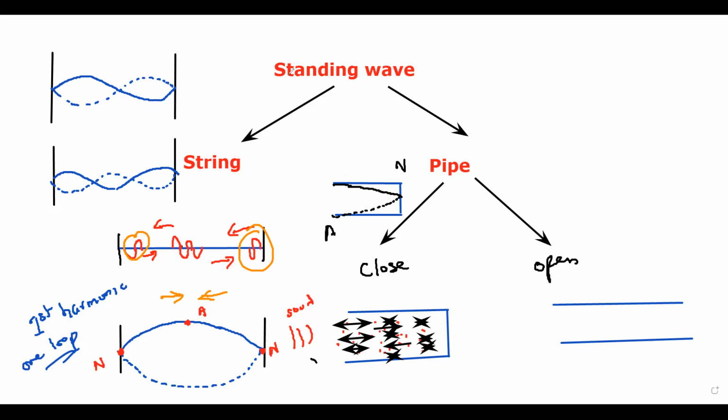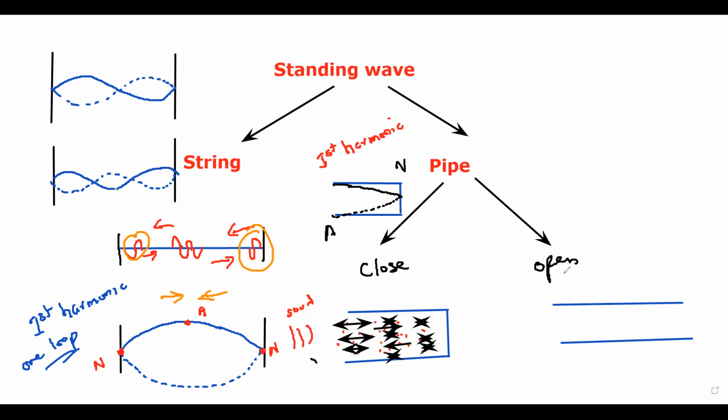It is the first kind of vibration, so we also call it the fundamental, or the first harmonic. What is the meaning of first harmonic? First harmonic means the smallest pattern of the wave it produces in terms of vibration.